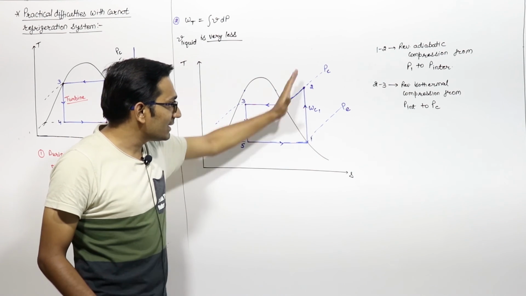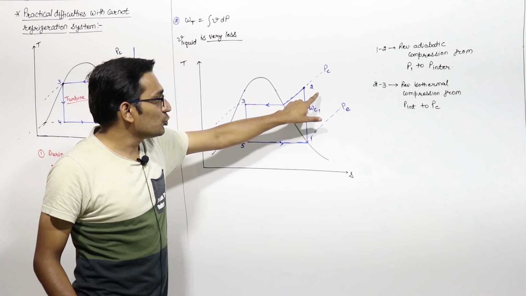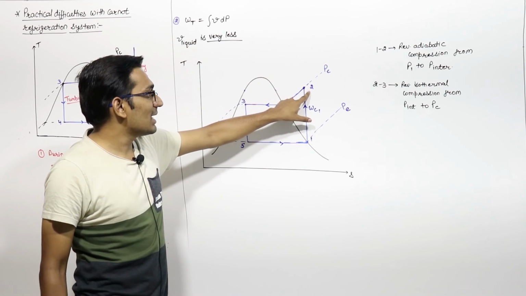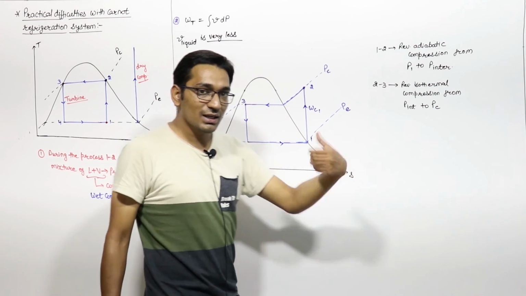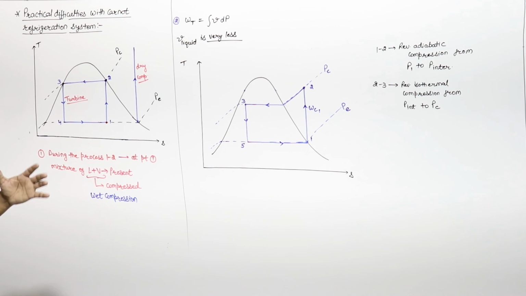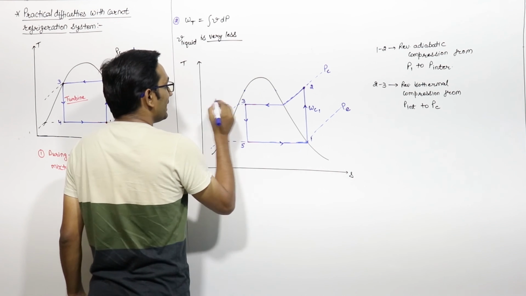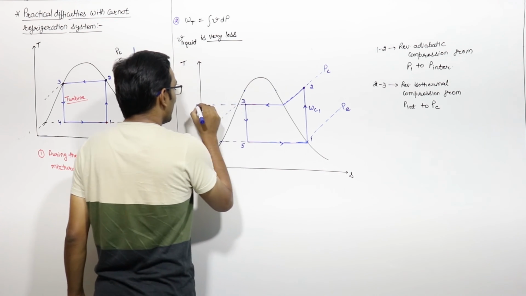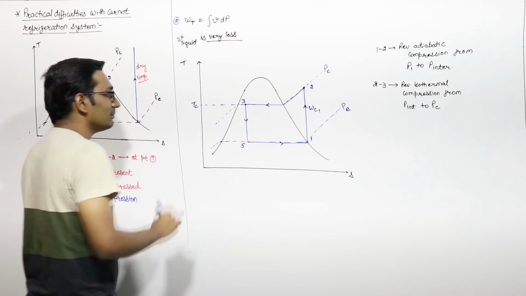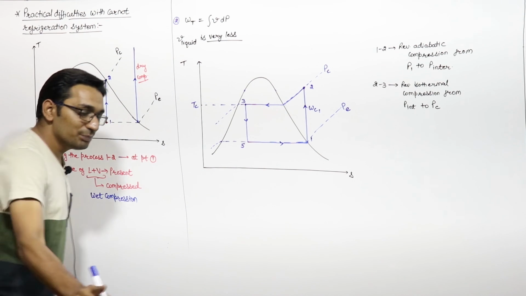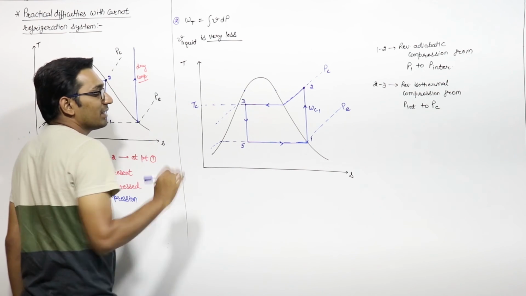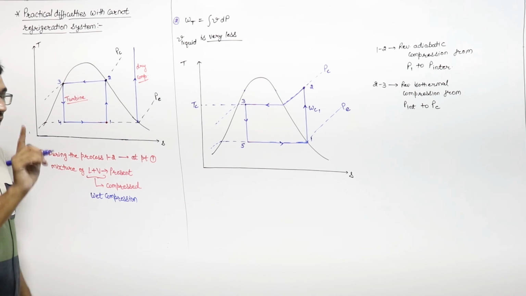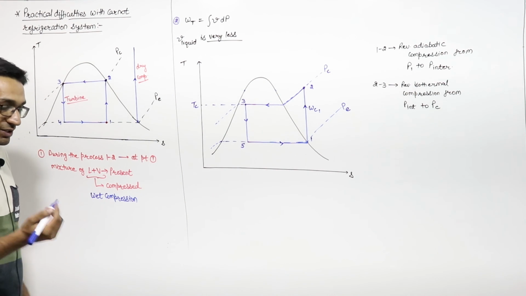Then point 2 is in the superheated region, the outlet of the compressor and inlet of the condenser. In the condenser you want to reject heat and come to point 3, which corresponds to temperature Tc. So there is only one process left which you can take, that is constant pressure heat rejection.